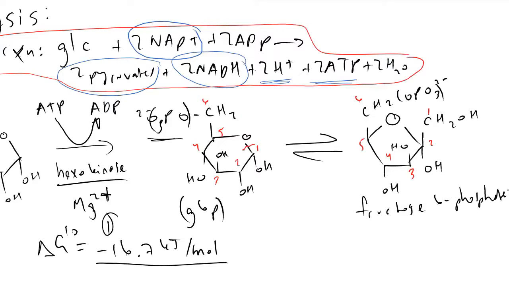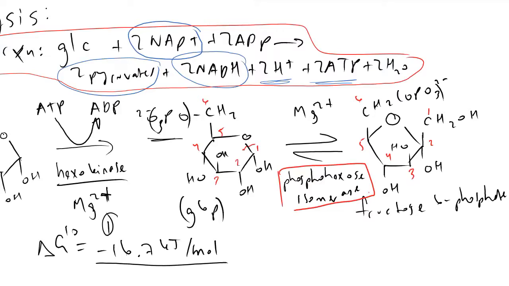Fructose 6-phosphate is generated in the presence of a magnesium 2+ ion to stabilize intermediates in this isomerization reaction. The enzyme involved is called phosphohexose isomerase, and we'll box this because that is an important enzyme to remember.